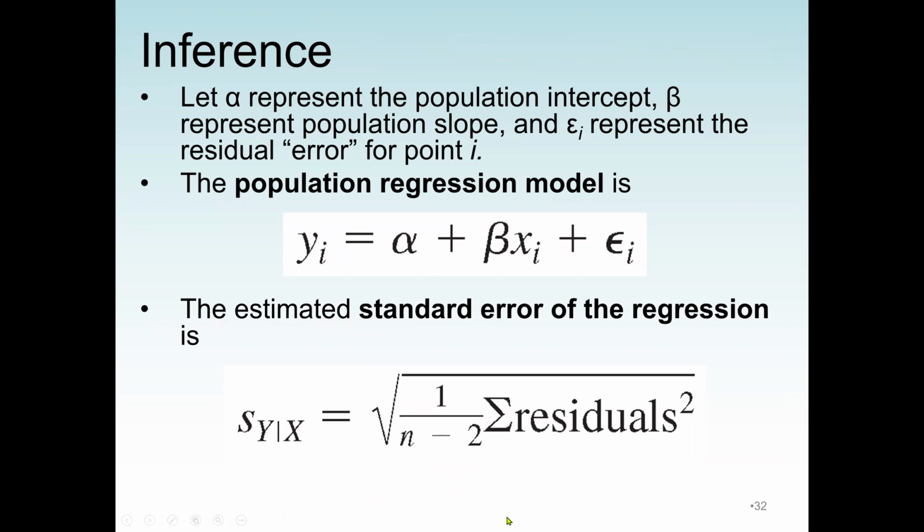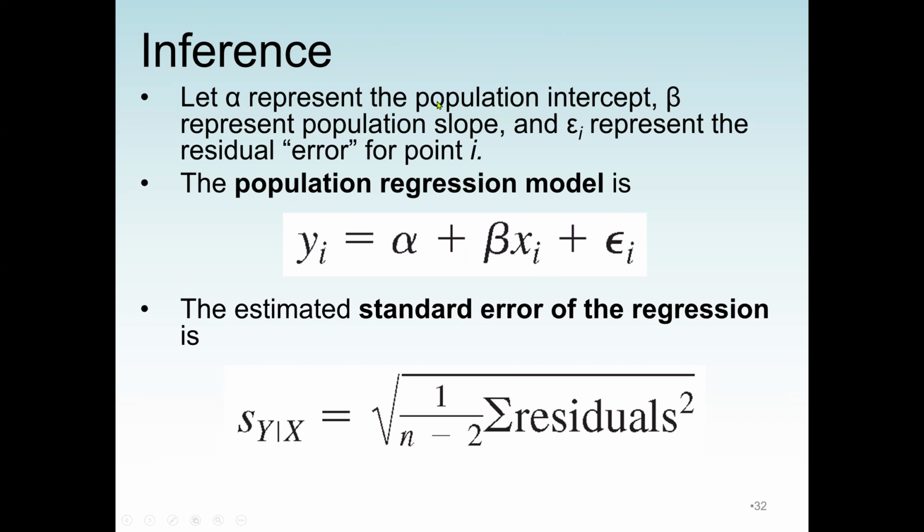So this will lead us to inference. When we do our prediction, we may always get some error. The actual population regression model is alpha plus beta x_i plus e_i, where e_i is our error.